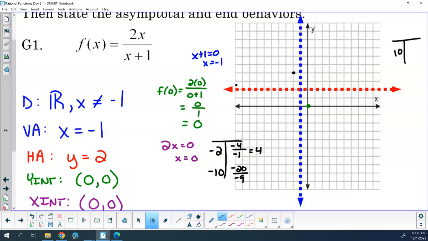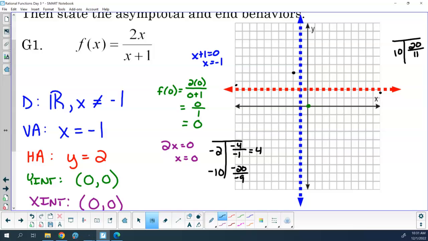So I'm going to say something like +10. 2 times 10 is 20. 10 plus 1 is 11. 20 divided by 11 is just a little bit less than 2. That's what 10 is. 20 divided by 11 is like 1.9-ish, something in there. So we're there.